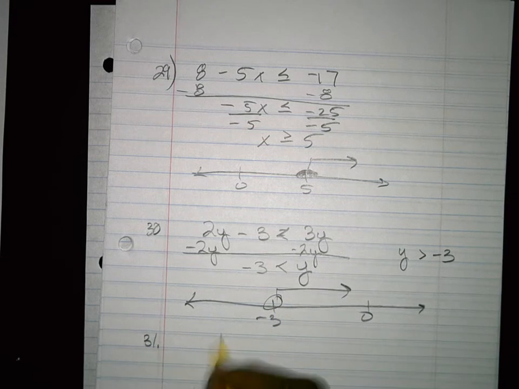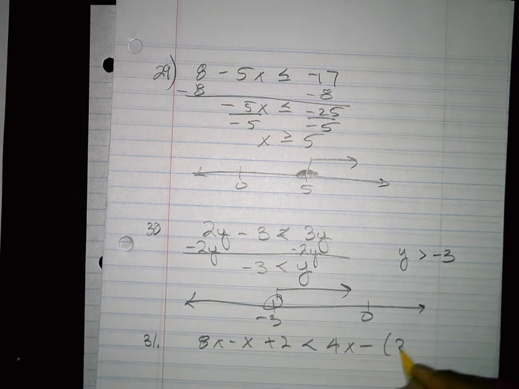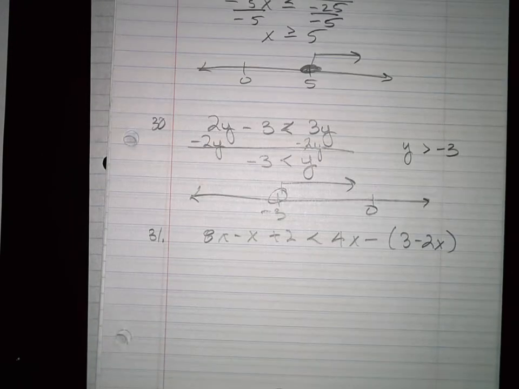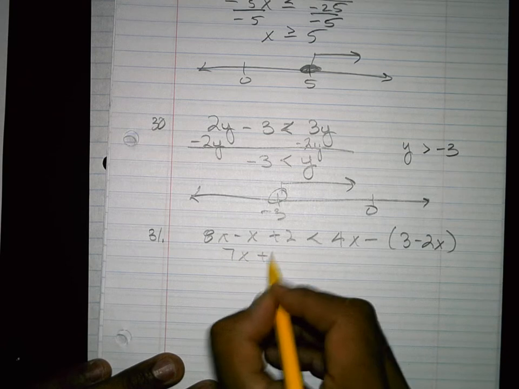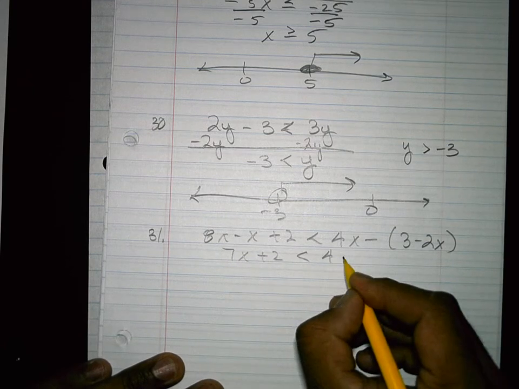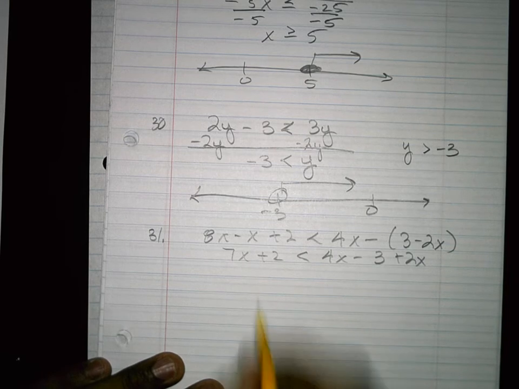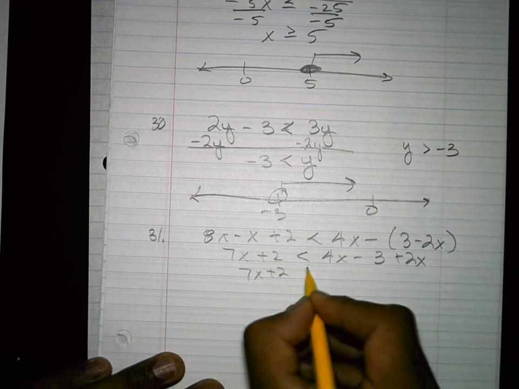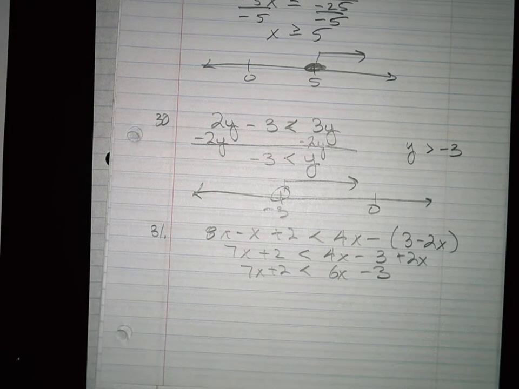31 is 8x minus x plus 2 minus 3. Okay, so I'm going to simplify both sides, and I'm going to get 7x plus 2 minus 3x plus that. All right, so this is 6x, combining like terms on the other side.